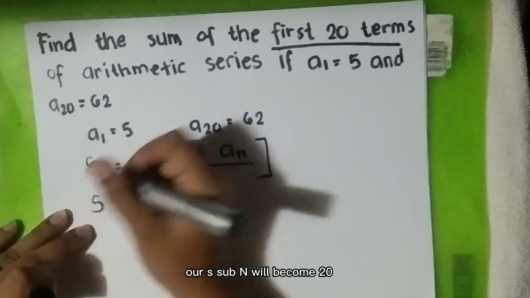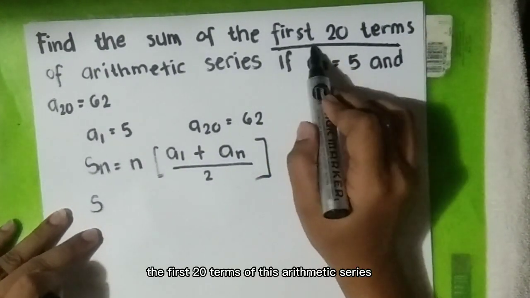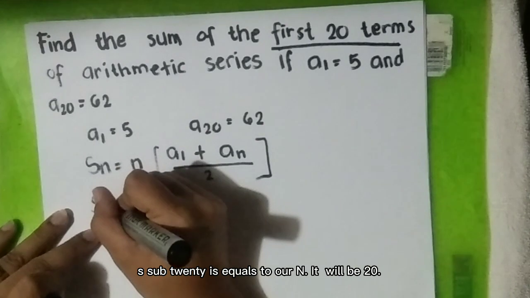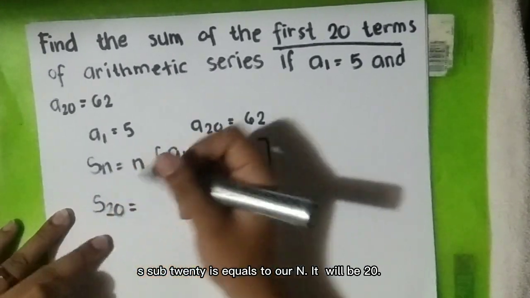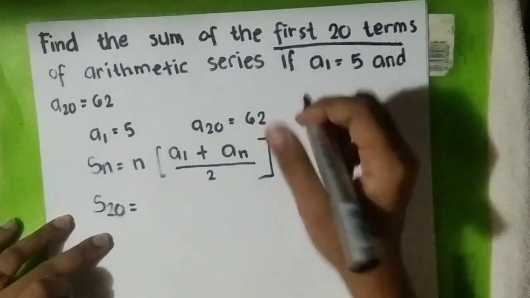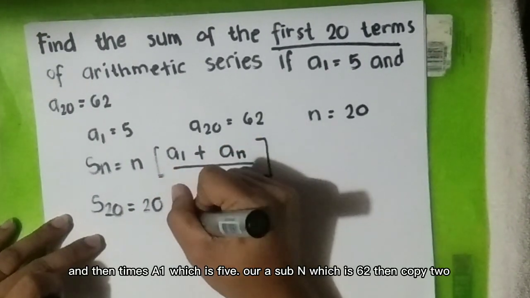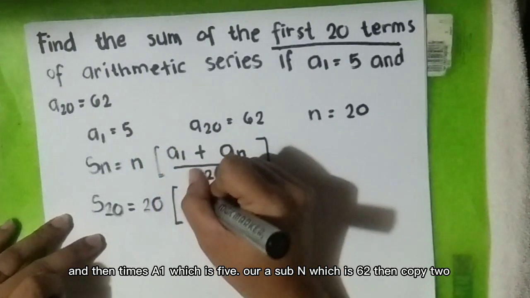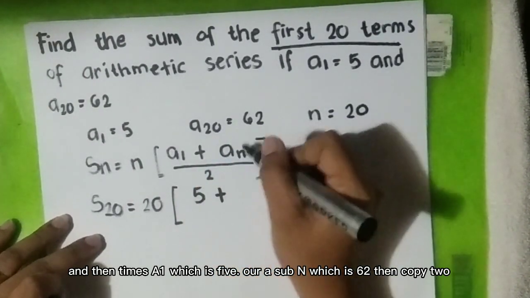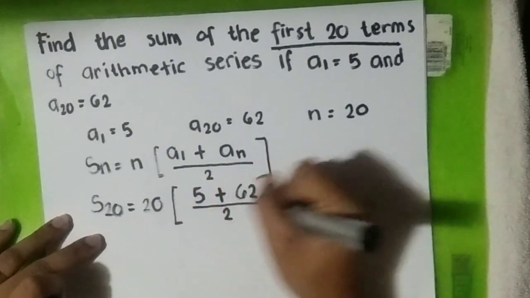Our S sub n will become S sub 20, since we are finding the first 20 terms of this arithmetic series. S sub 20 is equal to our n, which is 20. So let's write 20 here, and then times a sub 1 which is 5, plus our a sub n which is 62, then over 2.